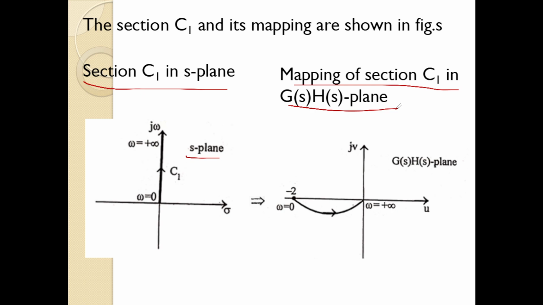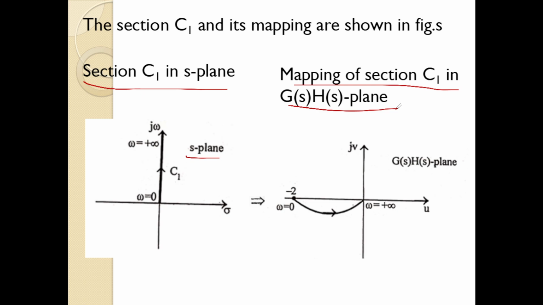This is our origin, isn't it? It will meet the origin along minus 90 degree axis when omega is plus infinity. So when omega equal to 0, magnitude was minus 2, and when omega is infinity, the magnitude is 0. Okay, so this is our contour.